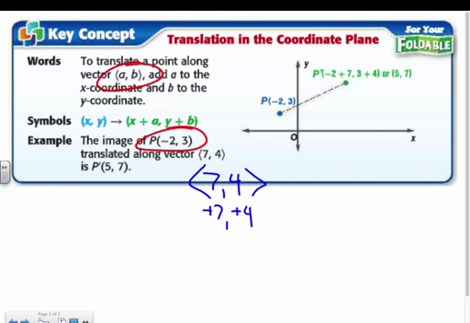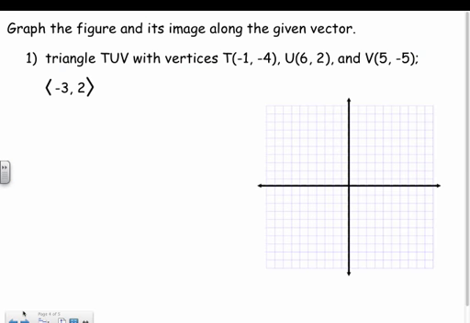So it's 7 units to the right and 4 units up. I could just add that 7 to my X and add that 4 to my Y to get my new point at P prime. Or I could have just counted. I could have started at my original and counted over 7 units, 1, 2, 3, 4, 5, 6, 7, and then up 4, 1, 2, 3, 4. However you want to do it. Both ways work. We'll look at it both ways here.